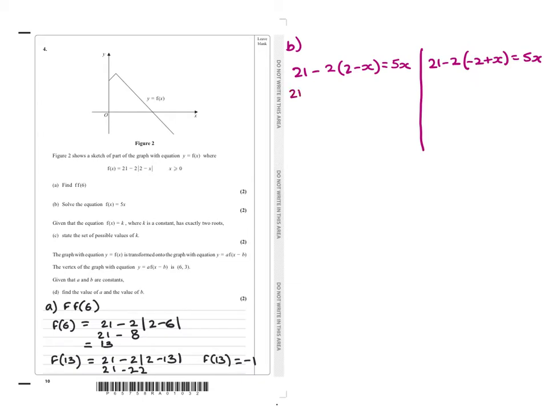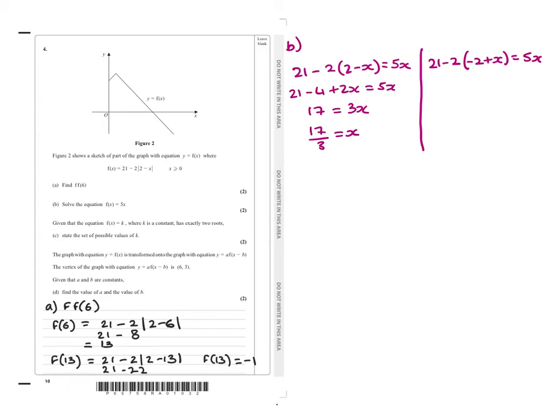So we're going to have 21 minus 4 plus 2x equals 5x. 21 minus 4 is 17 equals 3x. 17 over 3 equals x. Have I gone wrong? No idea. Okay.